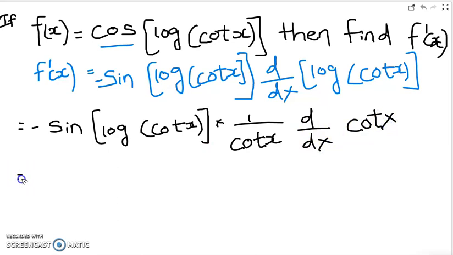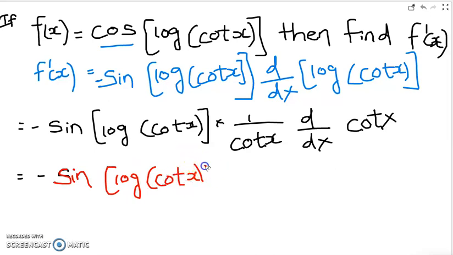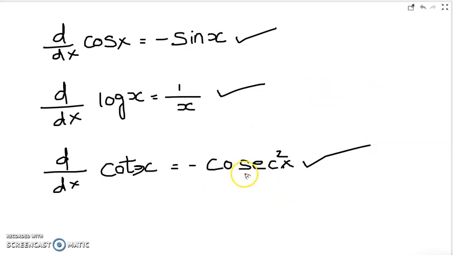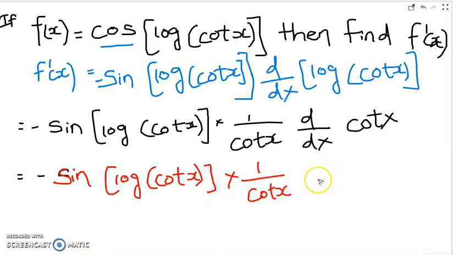So it is minus sin of log cot x into 1 by cot x. d by dx of cot x, what is the formula? Minus cosec square x.